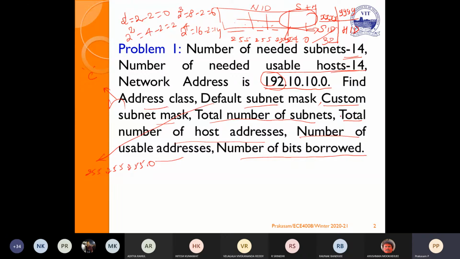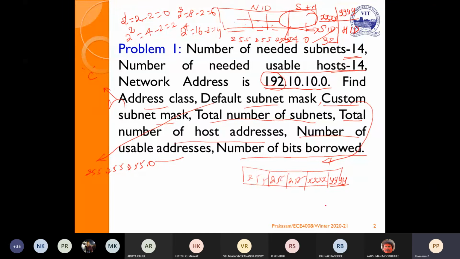Now the custom subnet mask. In the first 3 fields there won't be any change: 255, 255, 255. In the last field, the first 4 bits are for subnet and the last 4 are for host.